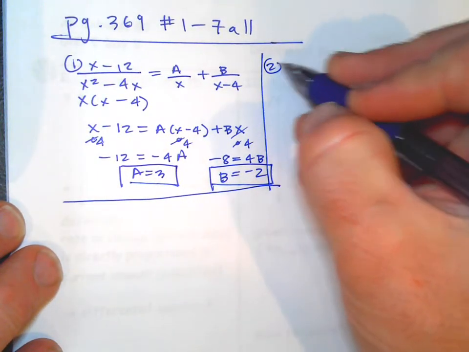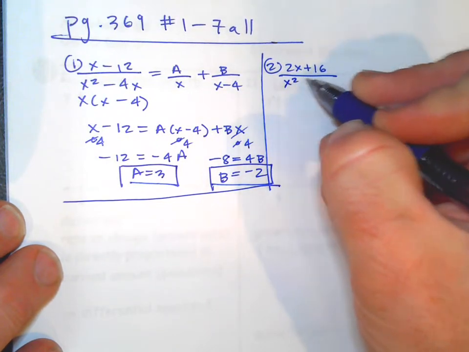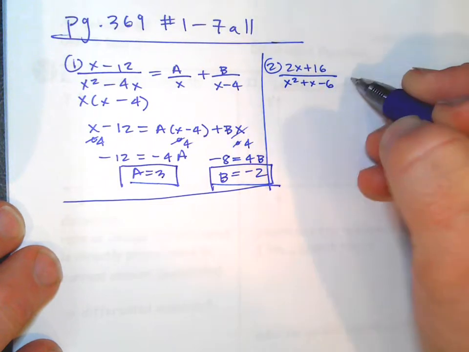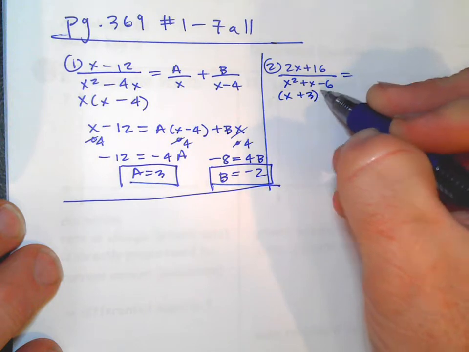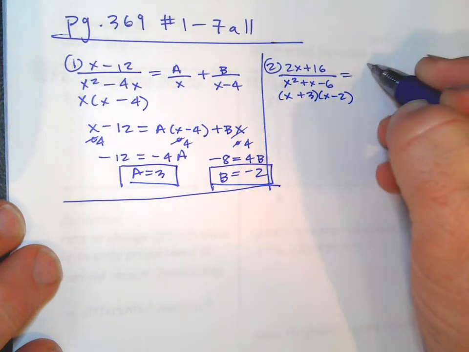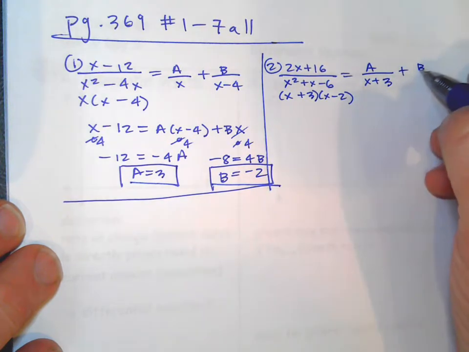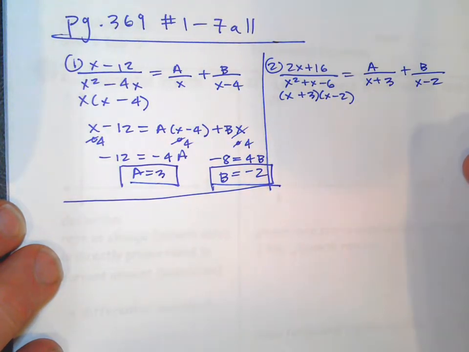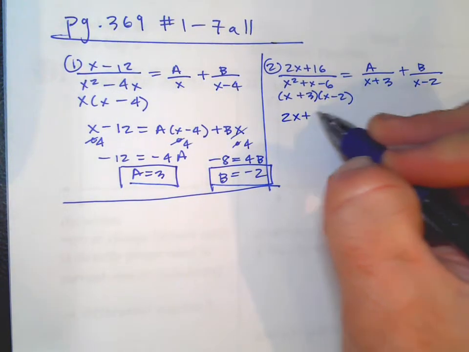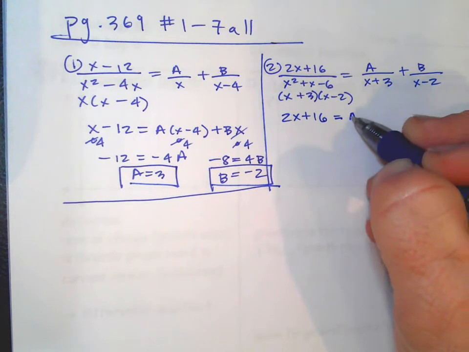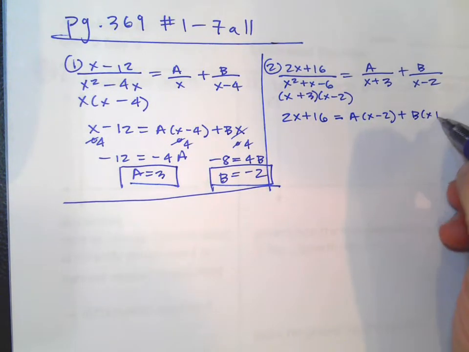Number 2, 2x plus 16 over x squared plus x minus 6. If we factor this, it's going to be (x plus 3)(x minus 2). So we're going to have A over x plus 3, which I think they already did for you, plus B over x minus 2. We multiply through by the least common denominator. We get 2x plus 16 equals A(x minus 2) plus B(x plus 3).